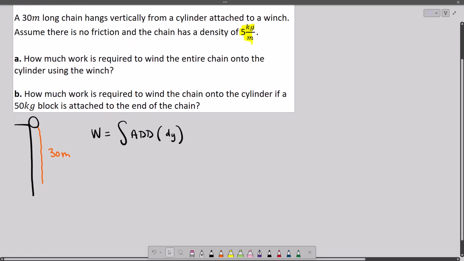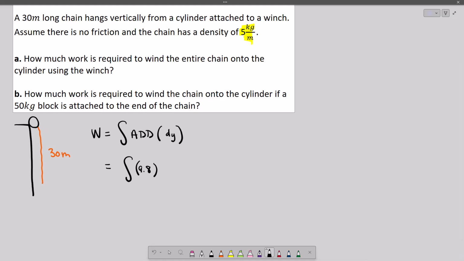So to find our work, acceleration is 9.8. The density is given to be 5 kg per meter. When we look at a cross-section of chain, we have a single link of chain at a random height of y.